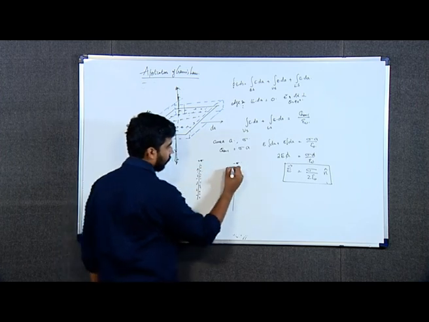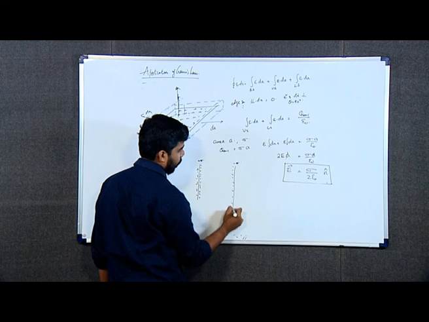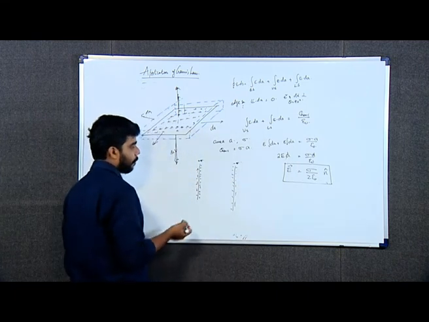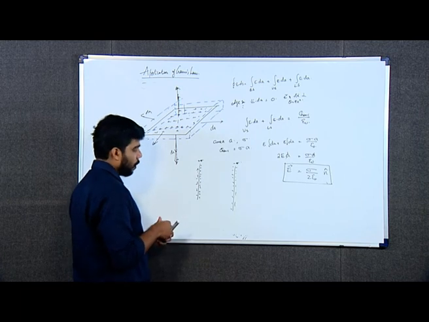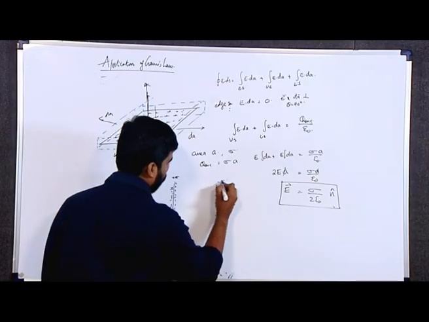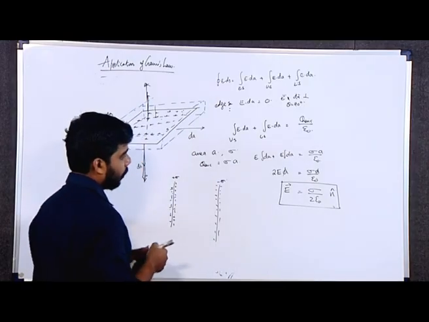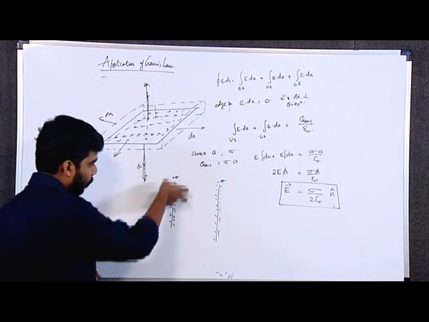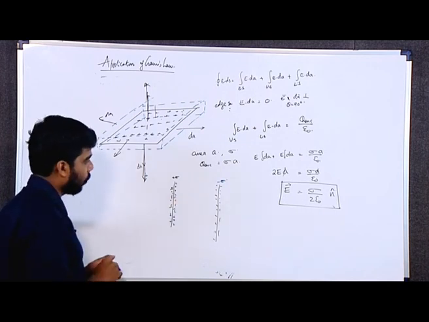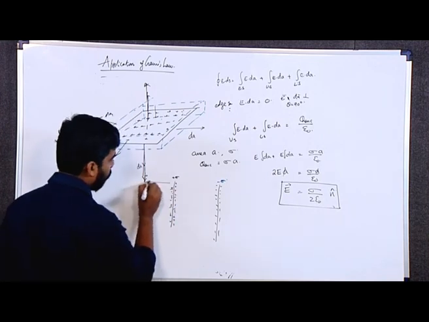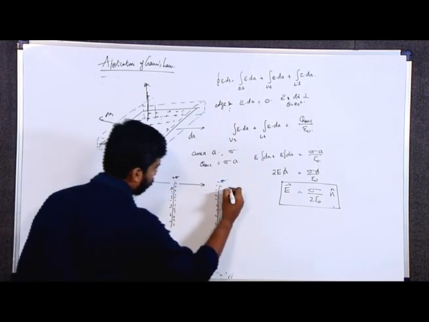Similarly, this one has negative charges, and here also negative charges. How will we draw the electric field vectors? I will represent the field lines with blue color, and the positive charge in black color. For the positive sheet, the electric field will be going in this direction.